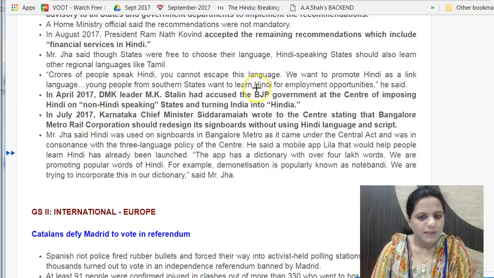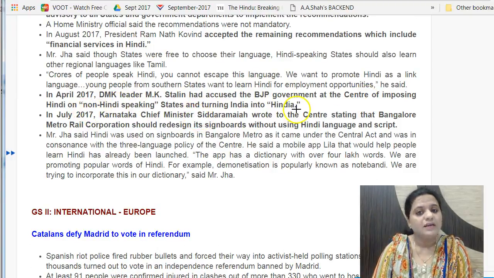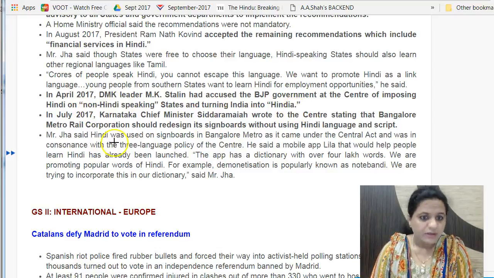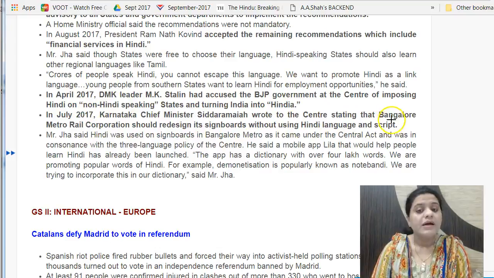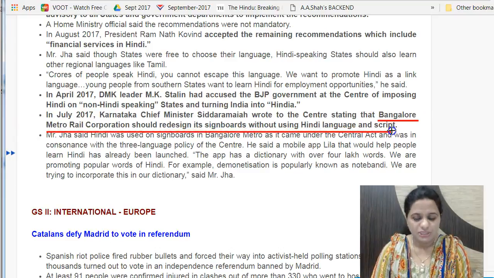In Tamil Nadu, the DMK leader has accused the BJP government of imposing Hindi on non-Hindi speaking states and turning India into Hindia. In Karnataka, in July 2017, the Karnataka CM wrote to the Centre because Bangalore Metro Rail Corporation had its signboards in 3 languages, where the Hindi language and script were also being used. This was also not to the liking of the people. So these were the points picked up.